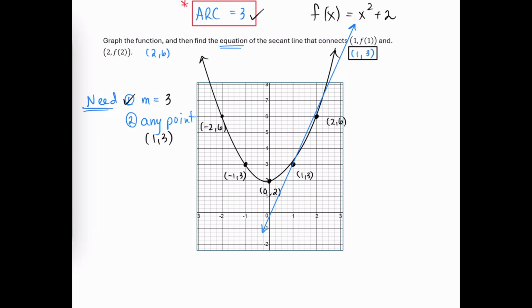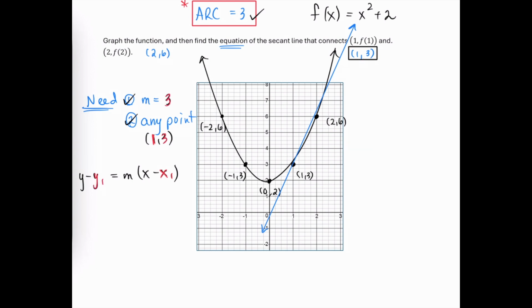After we have our slope and any point on the line that we're looking for, again that's the secant line here, we can then plug these two values into the point-slope formula: y minus y1 is equal to m times x minus x1, and write the equation of that line. So we're going to plug in 1 for x1 and 3 for y1.